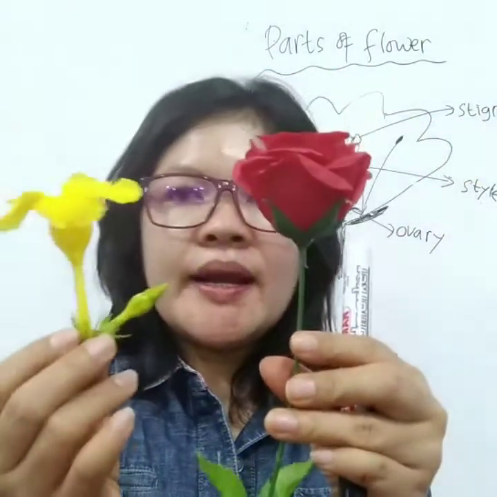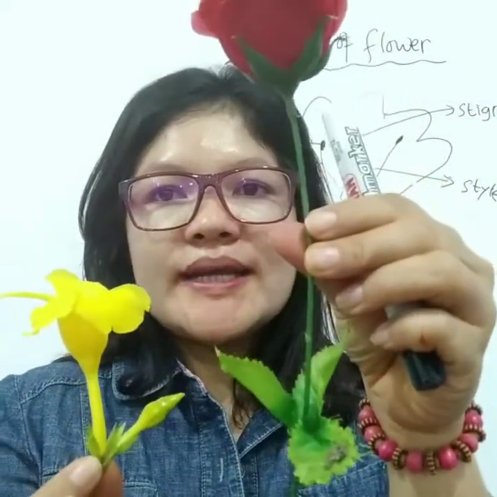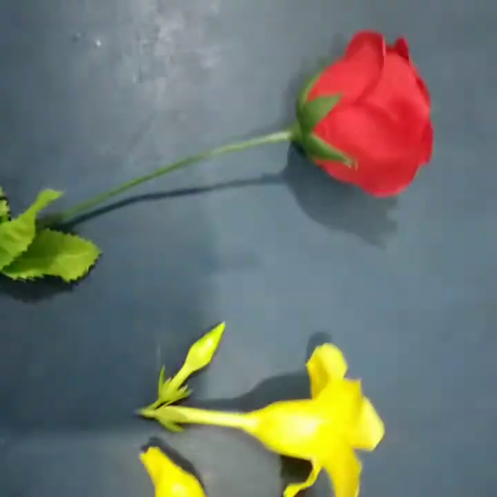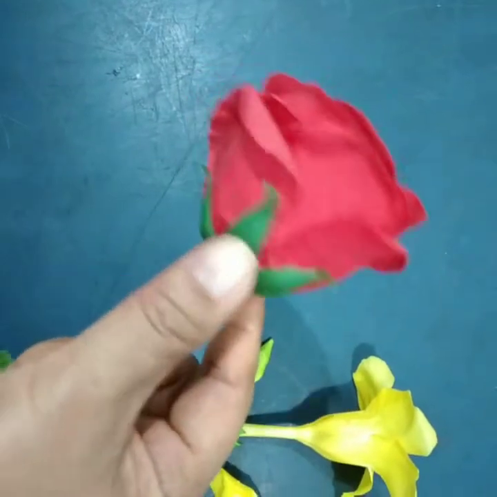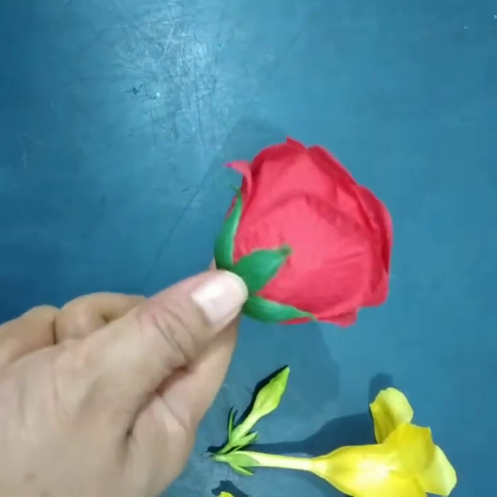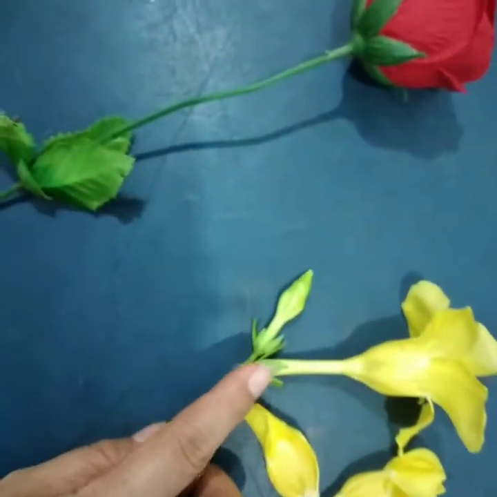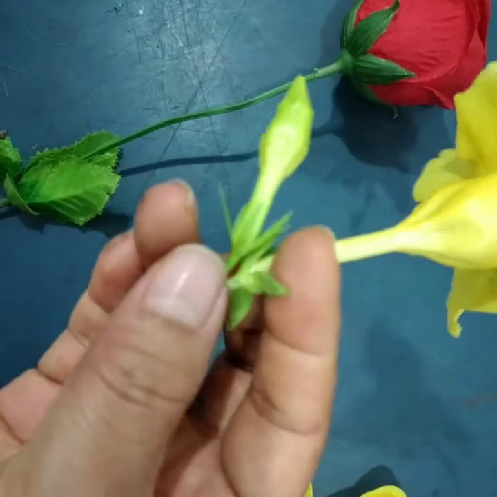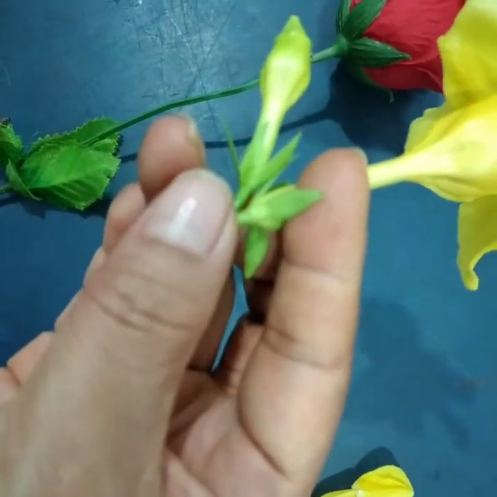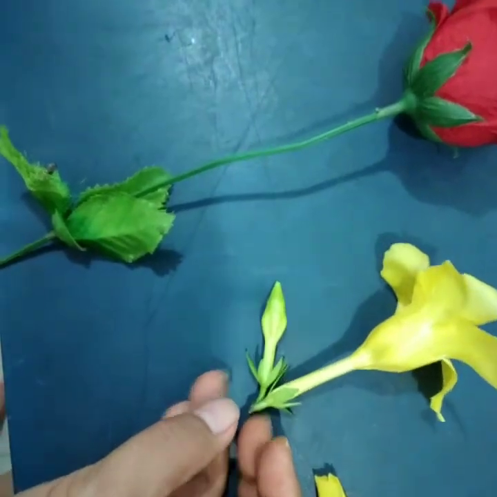Well, in my hand now there is a natural flower and the other one is an artificial flower. Okay, so this one is the sepal. Very good. I will tell you which is the natural one. The sepal is this. Next, the petals.